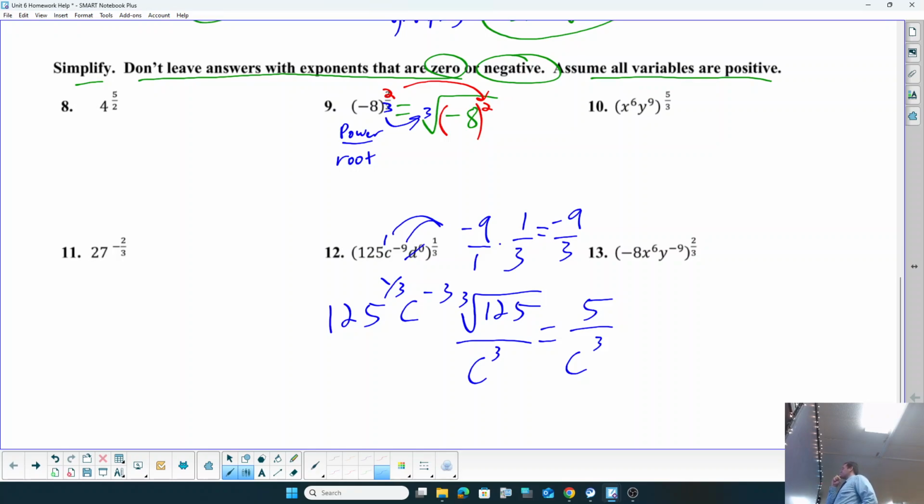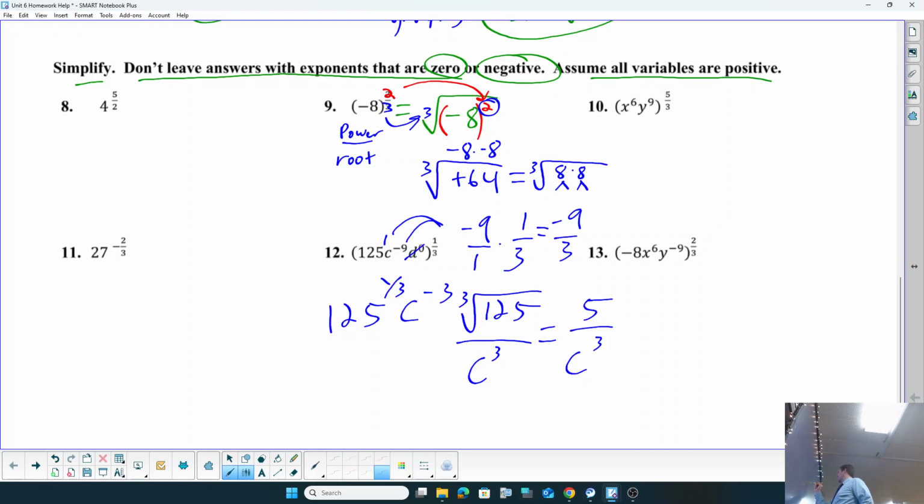Well, let's see. So -8 is -8 times -8. That's what squared means. And so that's going to be a positive 64. And now we're doing the 3rd root of positive 64. And so that breaks down into the 3rd root of, let's see, 8 times 8 is 64.